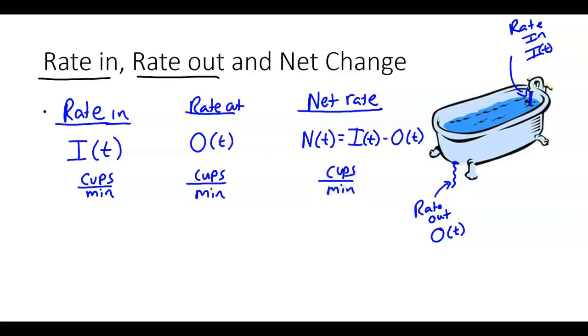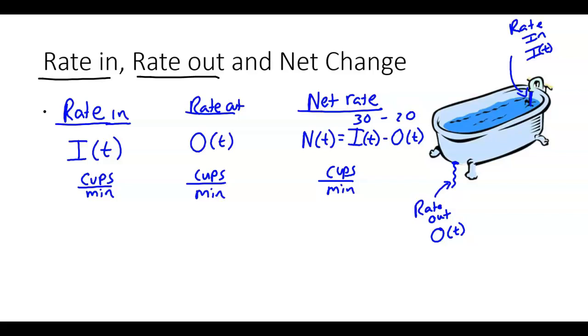So let's say water's coming into this bathtub at a rate of 30 cups per minute. And let's say it's coming out of the bathtub at a rate of 20 cups per minute. Well, if it's going into the bathtub at 30 and there's water coming out of it at 20, then overall, would the water level be increasing or decreasing?